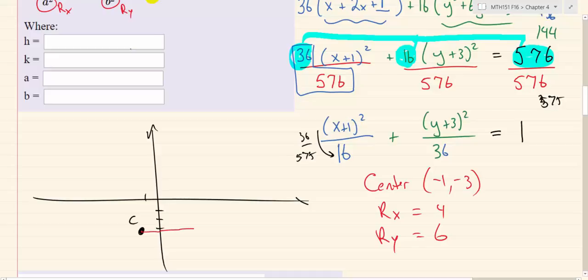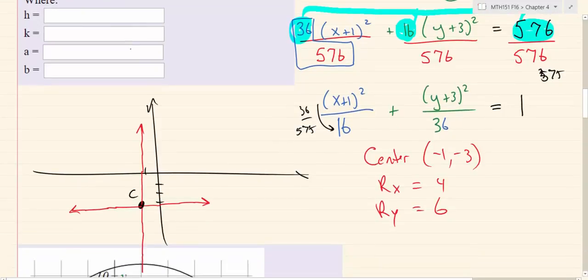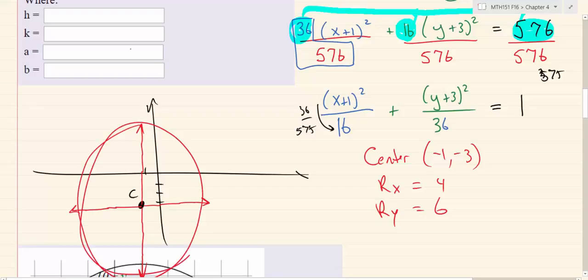So 1, 2, 3, 4, and 1, 2, 3, 4. Radius in the y direction is 6. So 1, 2, 3, 4, 5, 6, and 1, 2, 3, 4, 5, 6. So it's going to be something like this. Major axis is the y radius. Y-axis is the major. Minor would be the x.